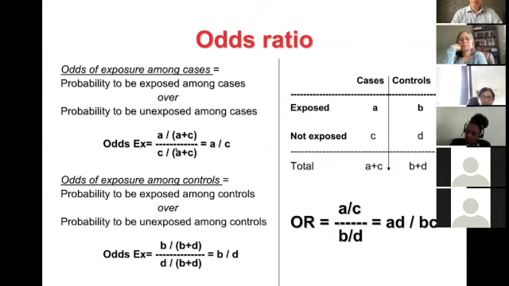I can use different formulas, or I can just remember it's the cross product. It's AD over BC, that is the odds ratio, how to calculate it. So AD divided by BC, the cross product for the case control study. And that's very easy to calculate.